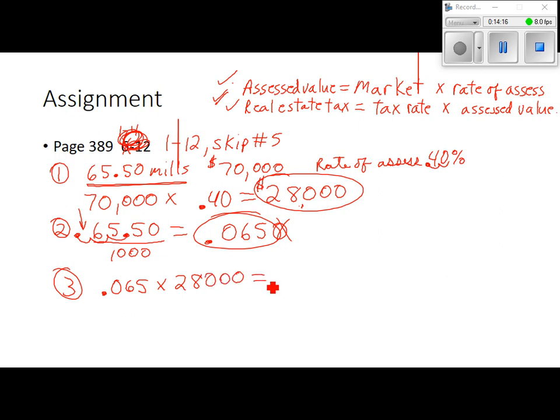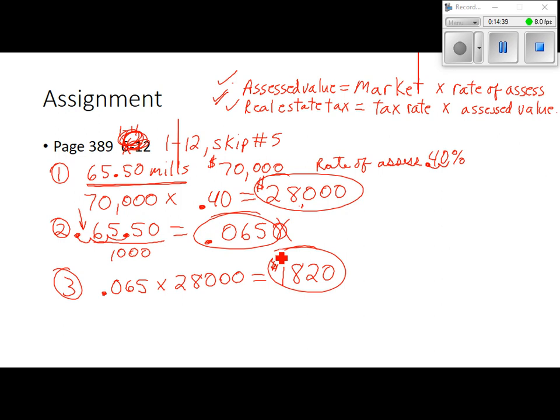So I already have the 28,000 on my calculator. If you haven't cleared that, it's already on there on your calculator. So all you have to do is hit times 0.065, and we get 1820. That's how much real estate tax we're going to pay on that property.